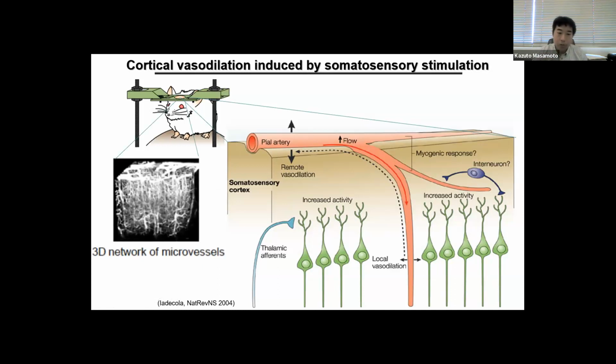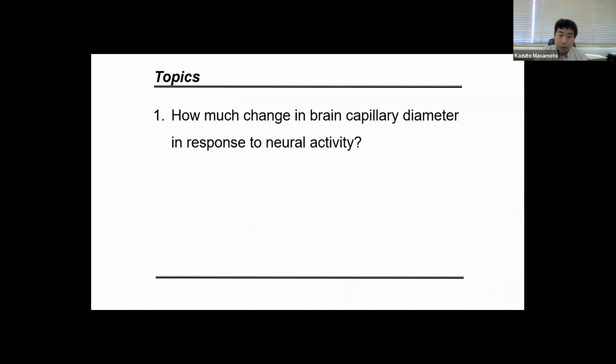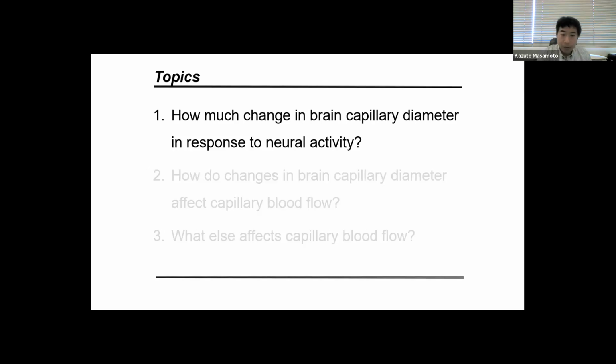It is important for mapping and for the physiological basis. Today I want to focus first on how much brain capillary diameter changes in response to neural activity, then on how this change in diameter affects the blood flow itself, and finally on what else affects capillary blood flow.